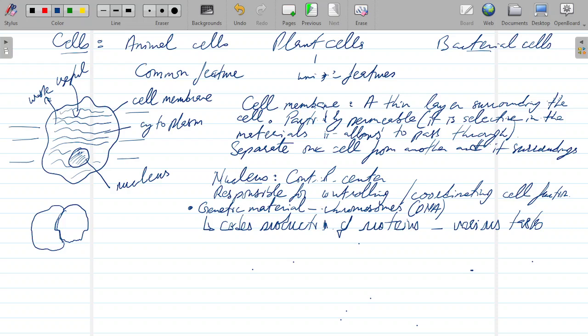Depending on the type of protein, the type of task being carried out in the cell has a specific function. So it is the genetic material in the nucleus, the nucleus that gives the cell its job. What is it that the cell has to do?